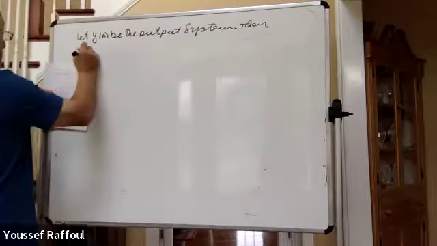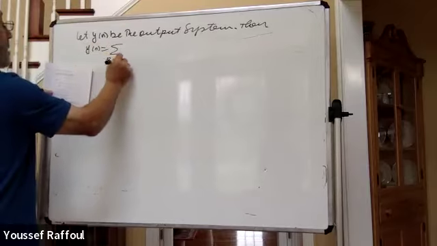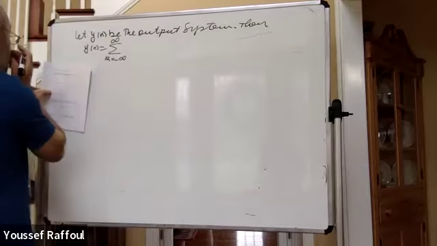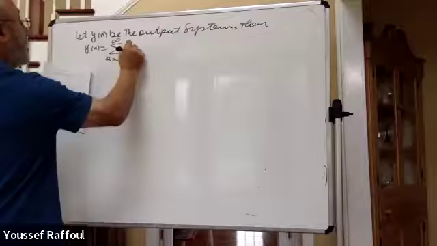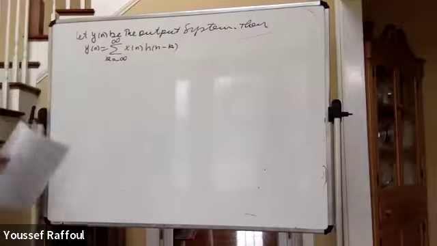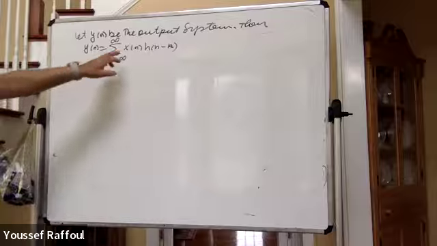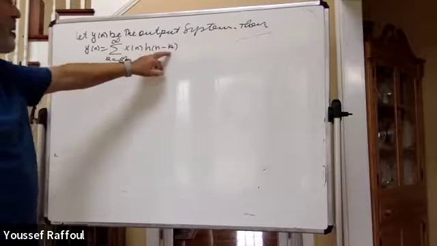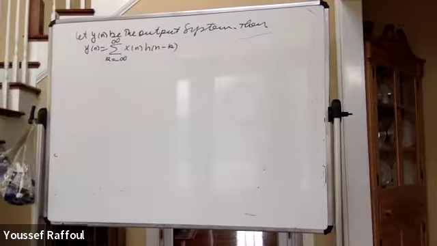Then yn is the sum for k equal minus infinity to infinity of xk hn minus k. Okay, h is the response. So you have input, response, output.